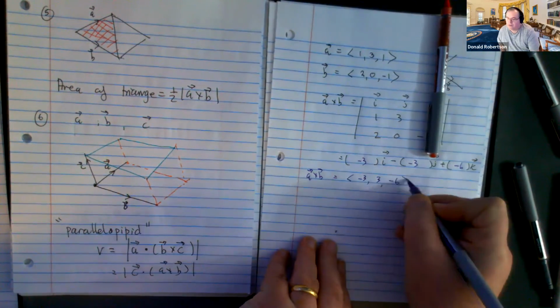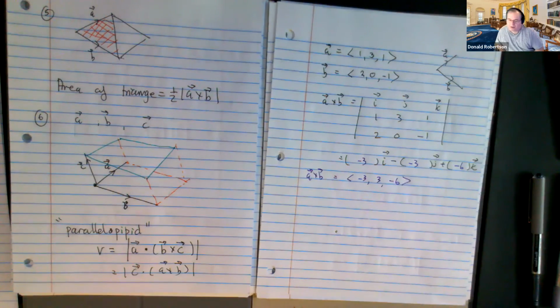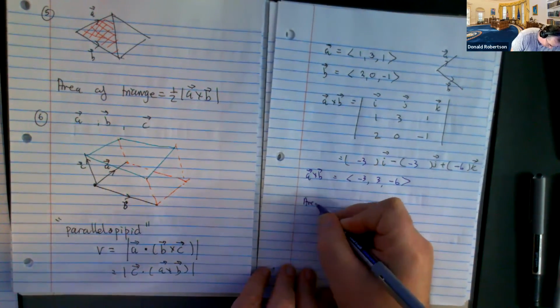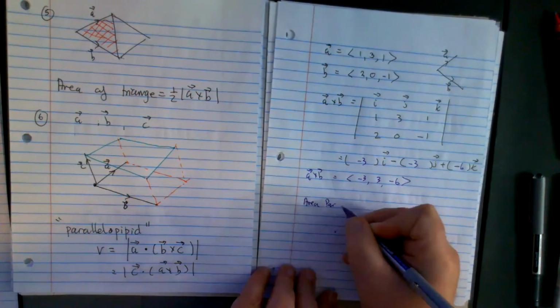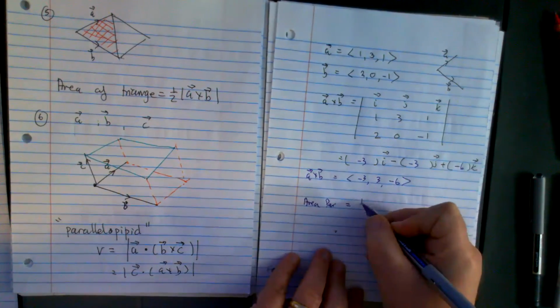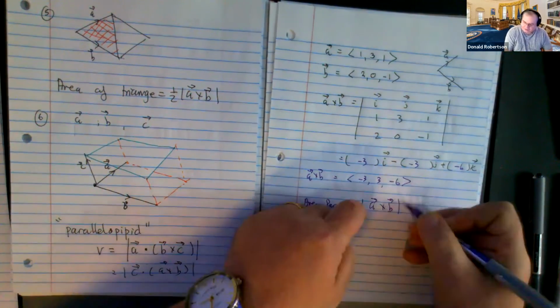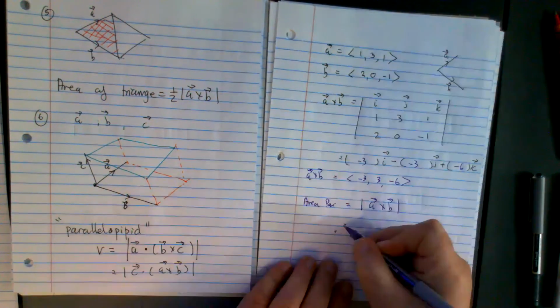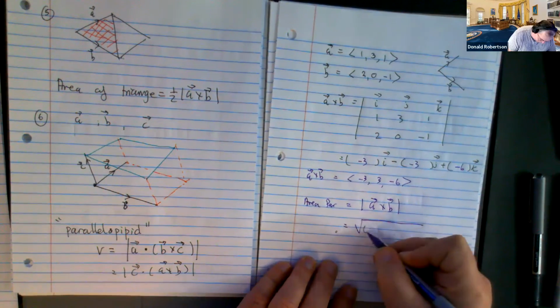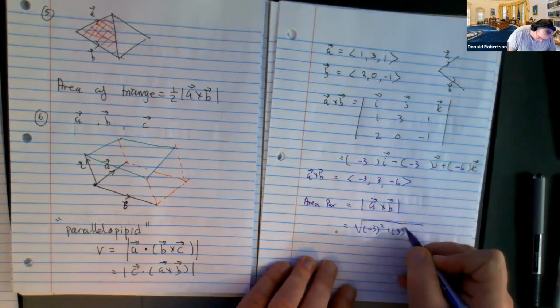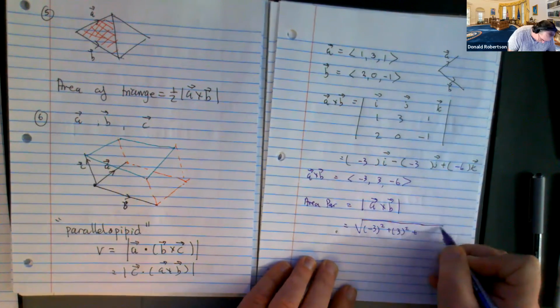Does that look good? Okay, so the area of the parallelogram is the magnitude of this vector. So these 2 lines do mean the magnitude, right? Because that's a vector. And that ends up being the square root of -3 squared plus 3 squared plus -6 squared.